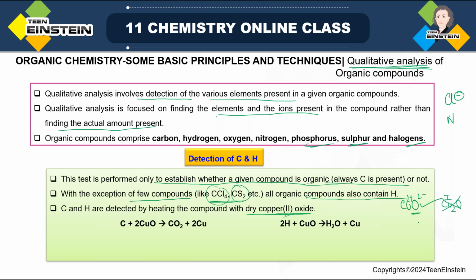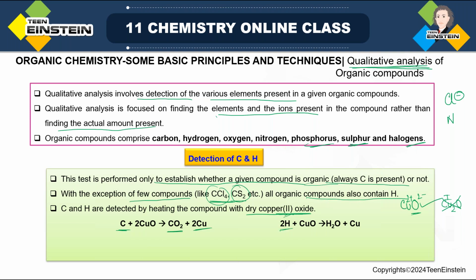So when we are heating the compound with this CuO, if carbon is present, that means if it is an organic compound, this carbon will react with CuO and form carbon dioxide. And copper oxide will be converted to metallic copper. What about hydrogen?